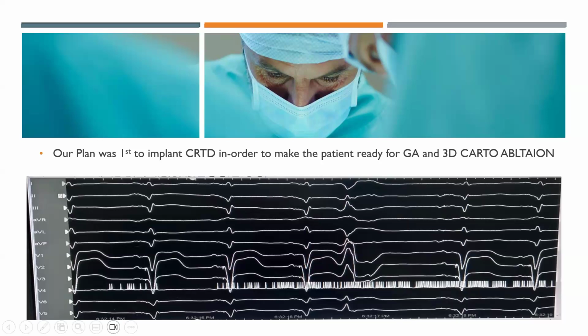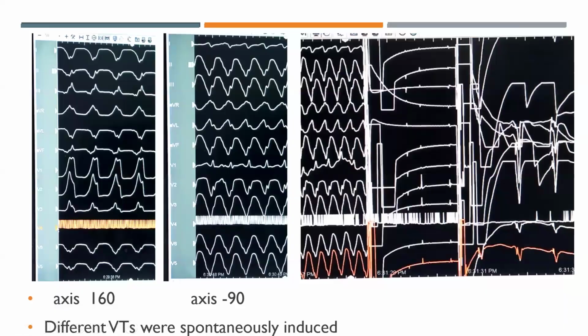After 2 days, we entered the EP lab under general anesthesia for VT ablation. We mapped the LV endocardium first, and while mapping, multiple arrhythmias were induced spontaneously or by catheter manipulation.